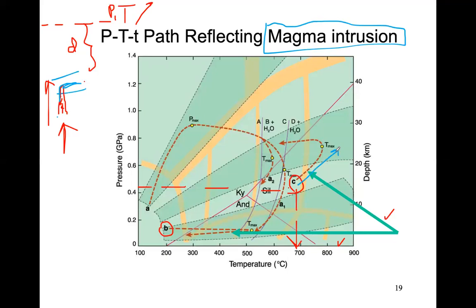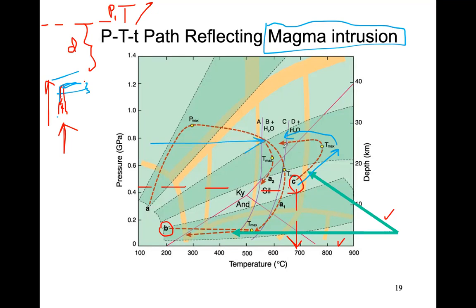reach the maximum temperature, and then finally it can cool down like this, right? But when it is cooling down, the rocks are still at depth when the cooling starts. So the cooling happens at a depth level.